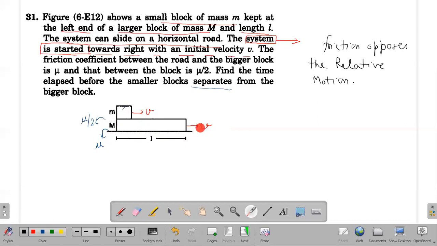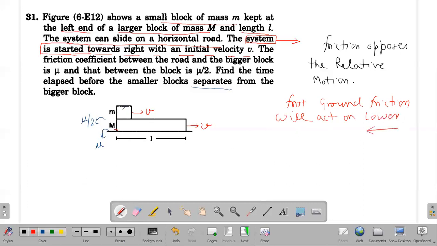So to oppose this relative motion between the lower block and the ground, first of all, friction will appear at the ground. So first ground friction will appear. And then what will happen when the ground friction appears? Ground friction will act on the lower block in the opposite direction, in the left side direction.